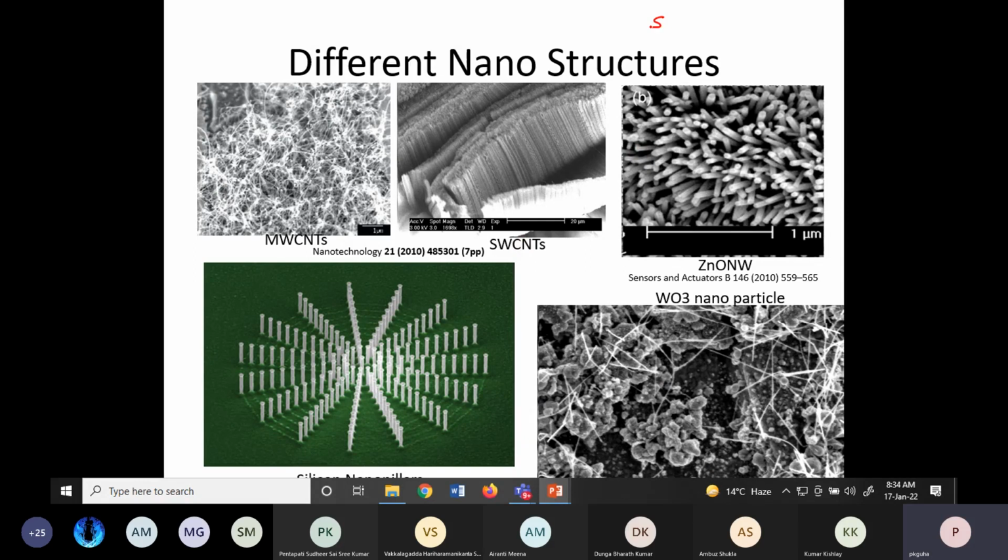So these are SEM images, scanning electron microscope images.